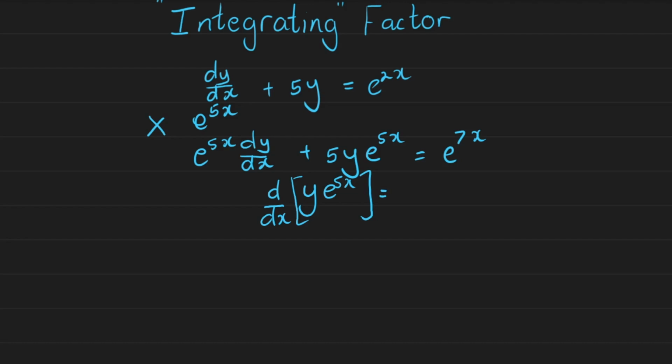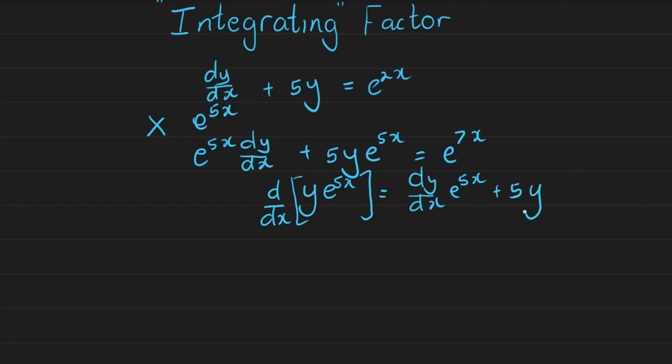Let's see it. We just use the product rule, so we differentiate y with respect to x. That's dy/dx, and then keep the other factor constant, so we have e^(5x). Now I differentiate e^(5x) with respect to x, and then I get plus 5, and then keep the y constant.